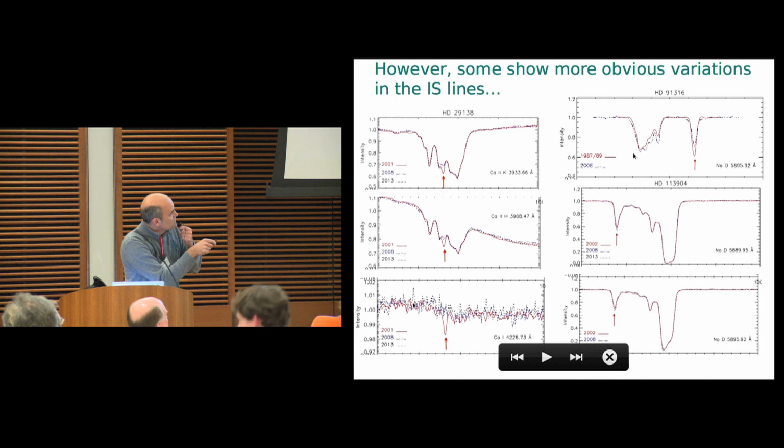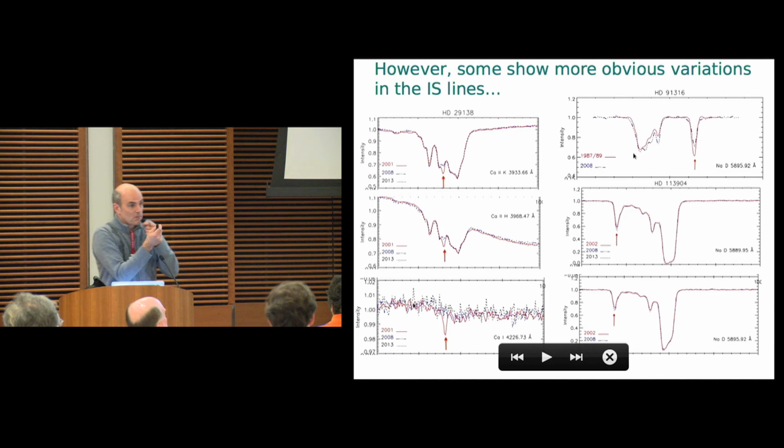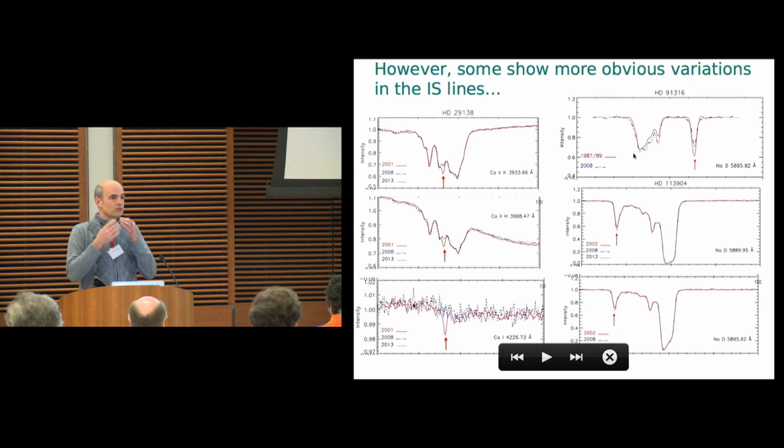And then we see a very small change in here. So most of the changes were of this order, maybe 0.1 dex or something. One thing that we have to be certain of is that the spectral resolution is the same in the two different epochs, which we tried our best to ensure.